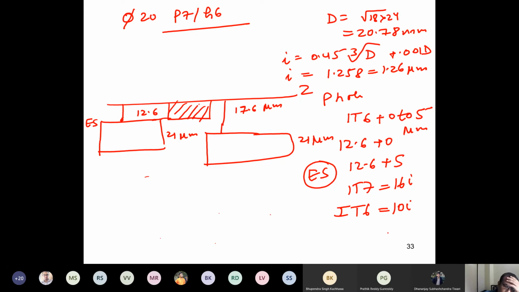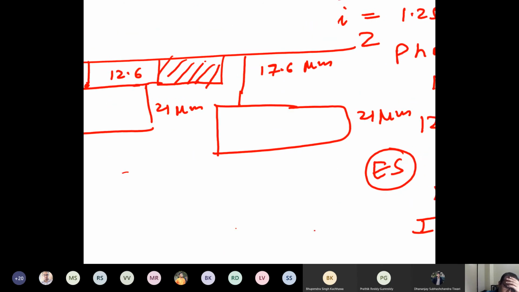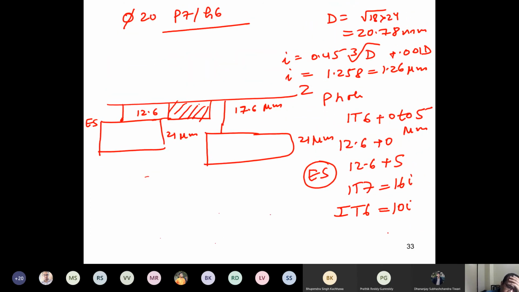So maximum interference will be, right? Maximum interference, if you want, will be this, which is 17.6 plus 21. This is the maximum interference, right? So the shaft can be this big. So the maximum dimension of shaft is this, the minimum dimension of hole is this, right?